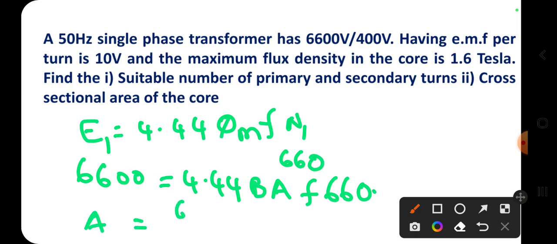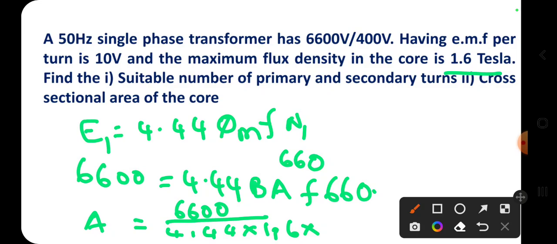A is equal to 6600 divided by 4.44, and here what is B? 1.6, into frequency, which is 50, into 660.